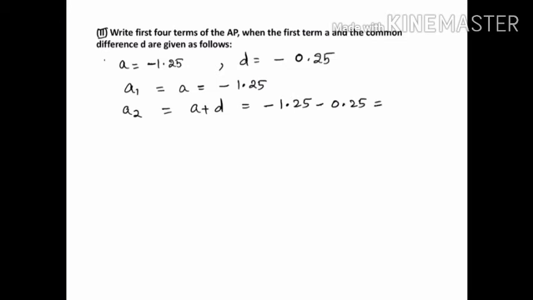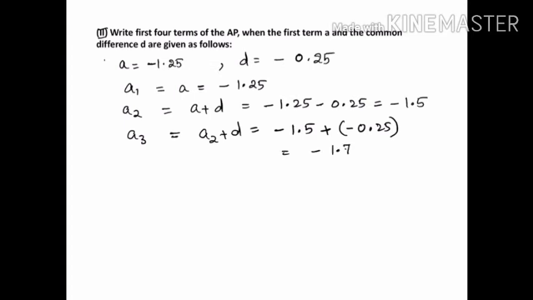will give us minus 1.5. The third term will be A2 plus D. So to the previous number minus 1.5, we add the common difference, that is minus 1.75. The fourth term is obtained by adding common difference to the third term.